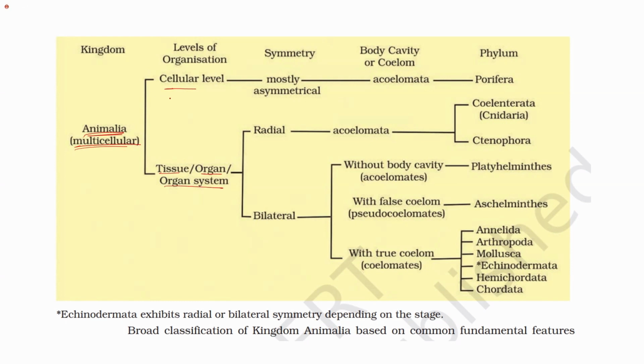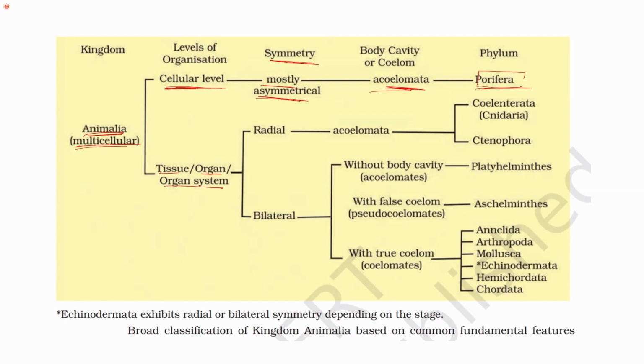After level of organization, we can classify the organisms on the basis of symmetry. The organisms that have cellular level of organization are mostly asymmetrical. Also, they do not have a body cavity, so they are acoelomates, and the phylum is Porifera.